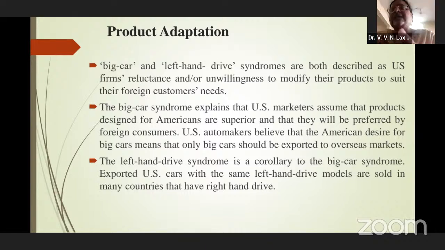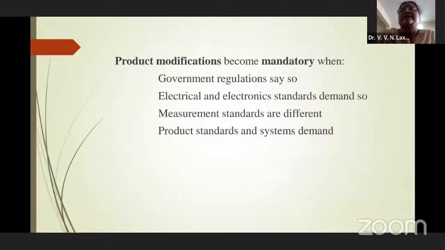So these syndromes were identified, or developed, or discussed to communicate to the marketers that there is a need to bring in product modifications so that the product adapts to the environmental conditions in the overseas markets, to the technical development in the overseas markets, to the socio-cultural factors, and also to the natural limitations that are there in the overseas markets.